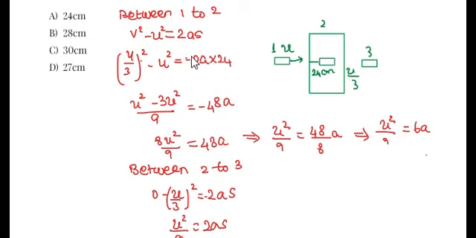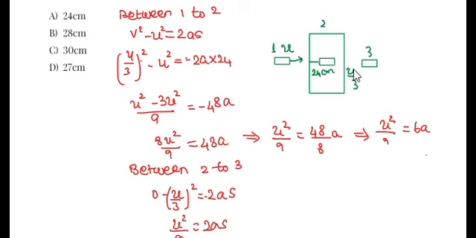From this we can calculate the acceleration. The acceleration is negative because it's retarding while passing through the block. So u²/9 is equal to 48a, so u²/9 is equal to 6a.